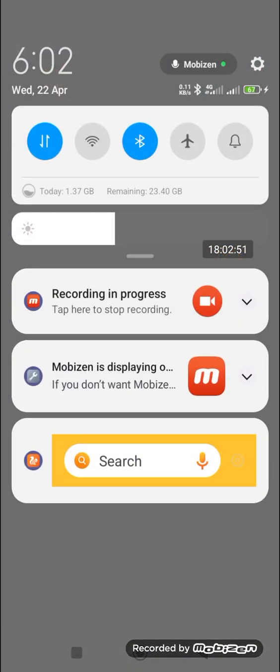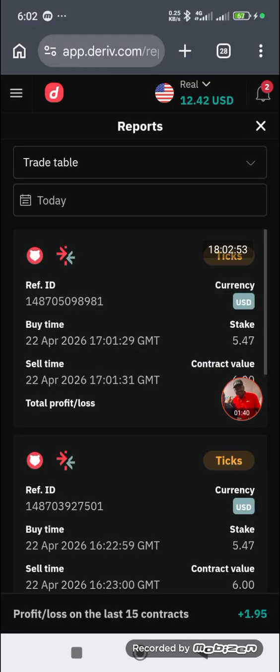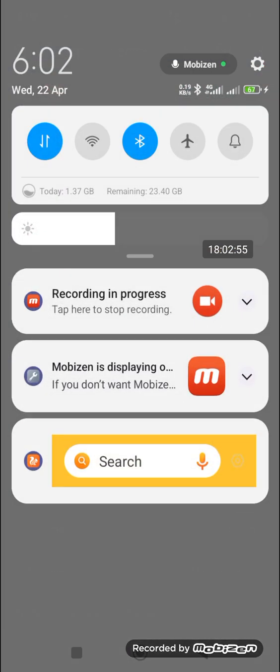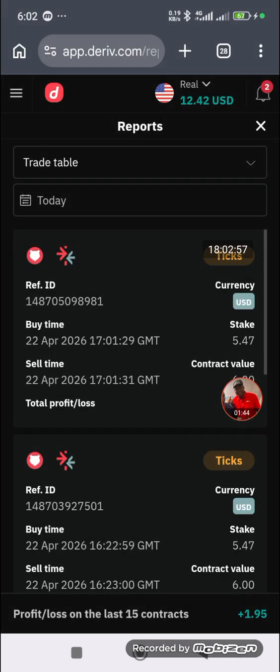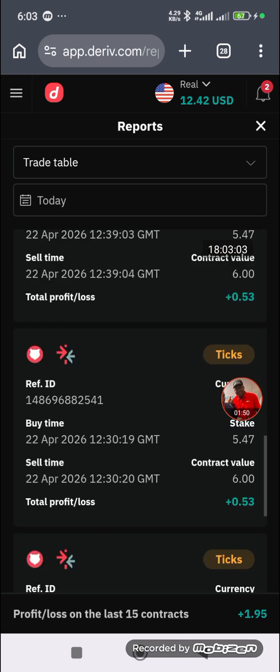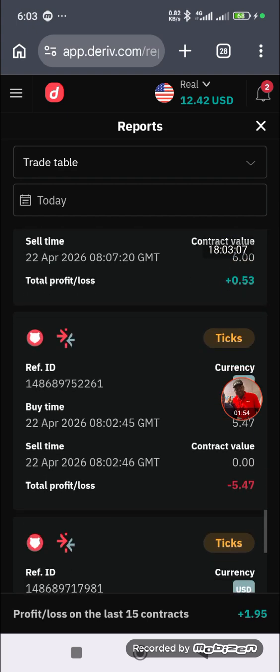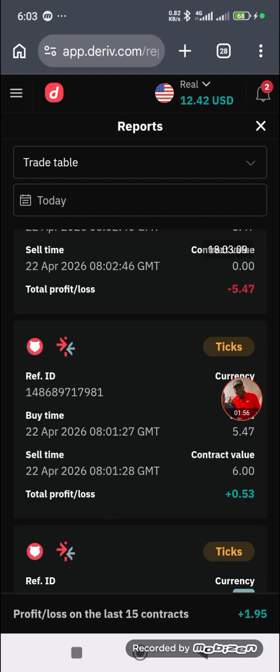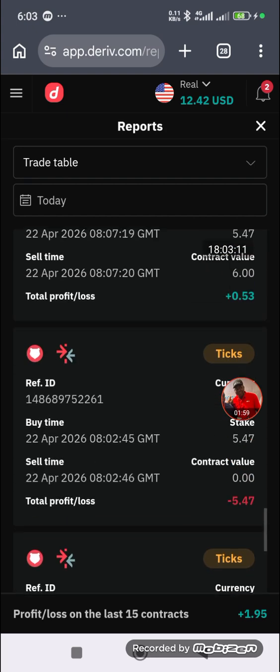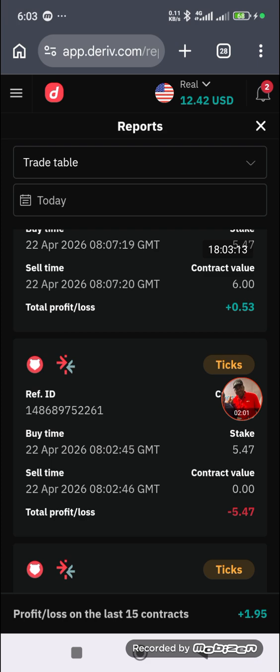I forgot to turn on my Wi-Fi. I also have a Wi-Fi, but I was on my mobile data. So that was what caused this loss. I was just supposed to do 3 trades. My target is 3 trades, almost 30%. So this was where I had the loss.